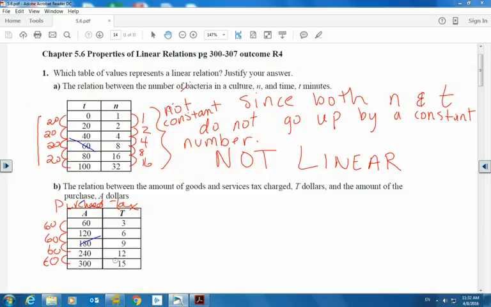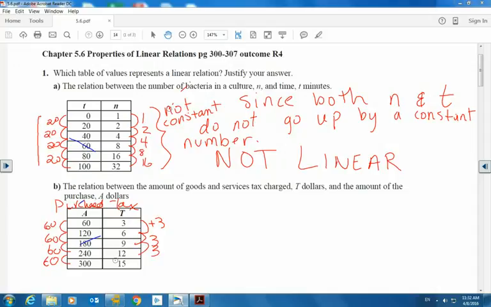Okay. Now, let's look at from 3 to 6. What do I add to get from 3 to 6? I add 3. What do I add to get from 6 to 9? What do I add to get from 9 to 12?